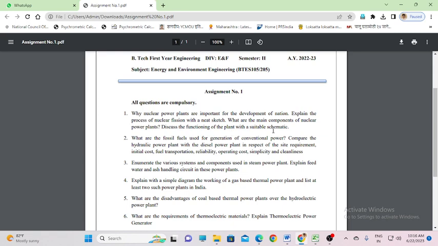Discuss the functioning of the plant with a suitable schematic. While attempting the main components and elaborating the working, draw a neat sketch which will cover all components of the nuclear power plant. Then, by giving a title of a particular equipment, write the functioning of that equipment.